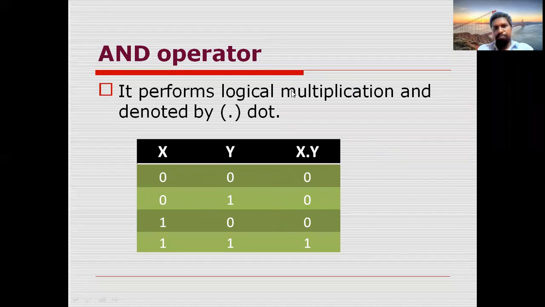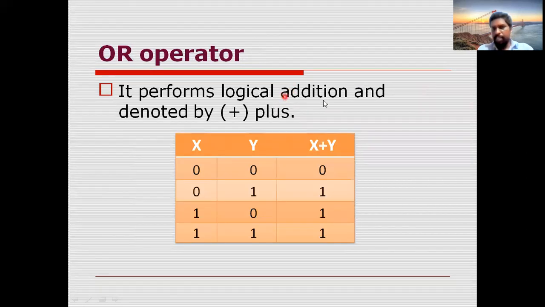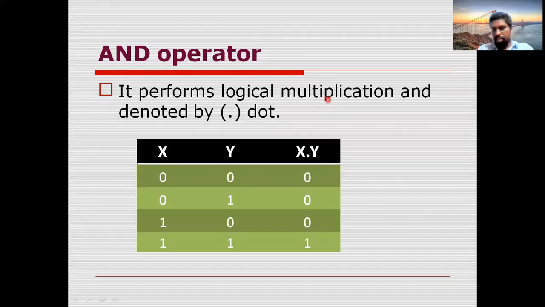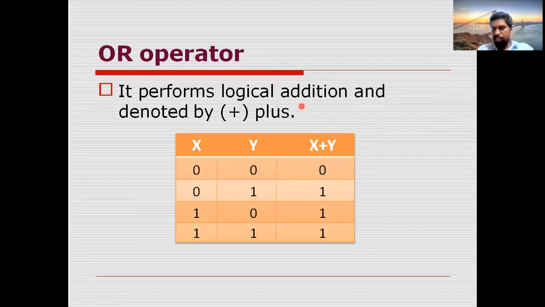Next, the OR operator. OR operator means addition. Previously it was multiplication, and now it is addition. The addition symbol is plus. So 0 plus 0 is 0, 0 plus 1 is 1, 1 plus 0 is 1. And in the very very important case, in Boolean algebra, when you add two ones, you will get the answer as one only.